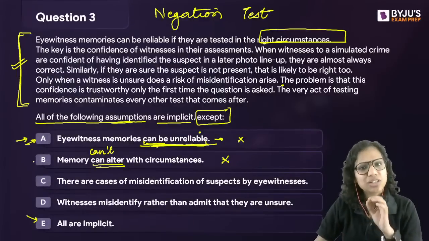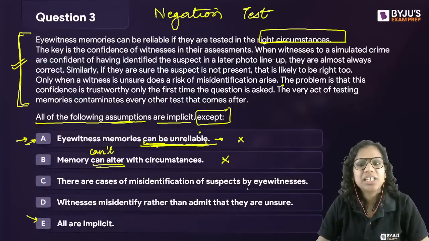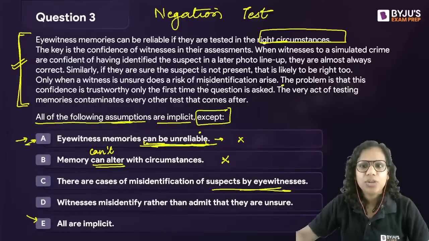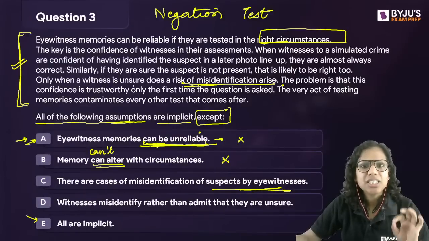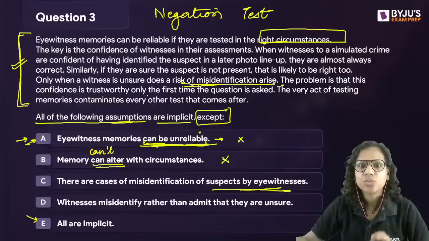I'm looking for something that's not implicit. There are cases of misidentification of suspects by eyewitnesses. Only when a witness is unsure does a risk of misidentification arise. The problem is that this confidence is trustworthy only the first time the question is asked.